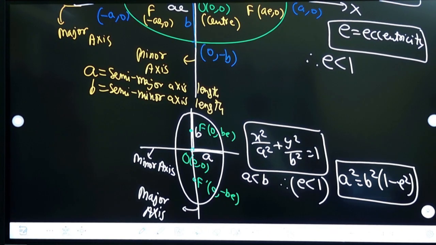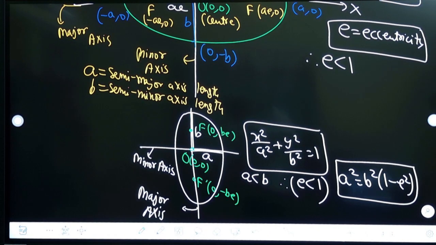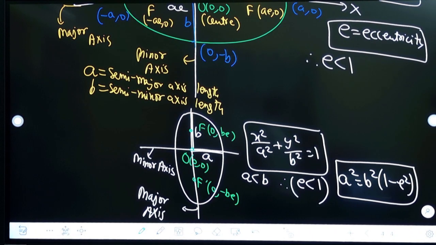Which formula? No, no, no, not like that. We don't have it like that. We have to derive for each case. No, by practice you will memorize it. You have to practice it.